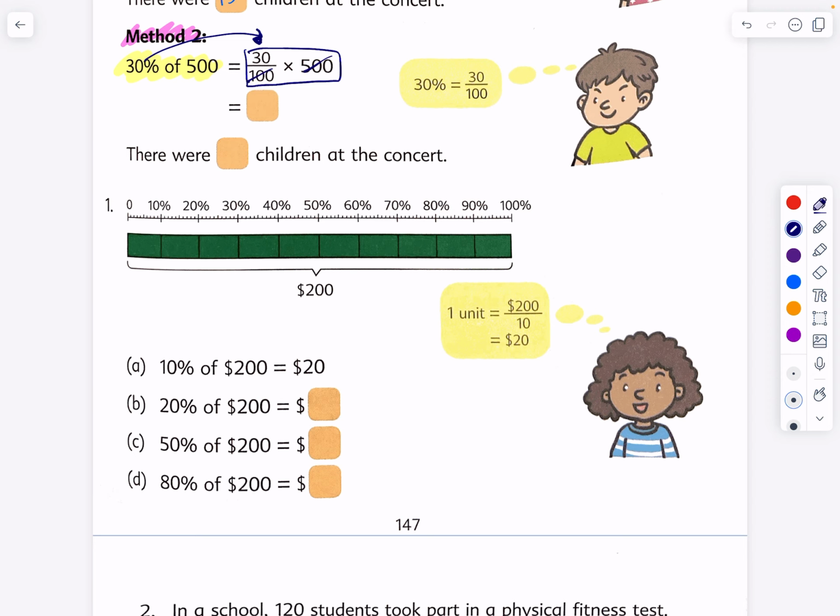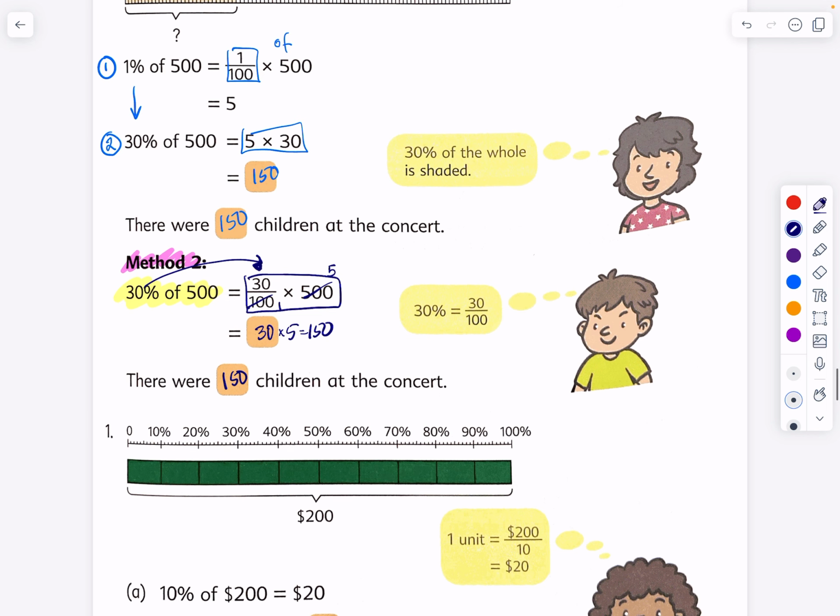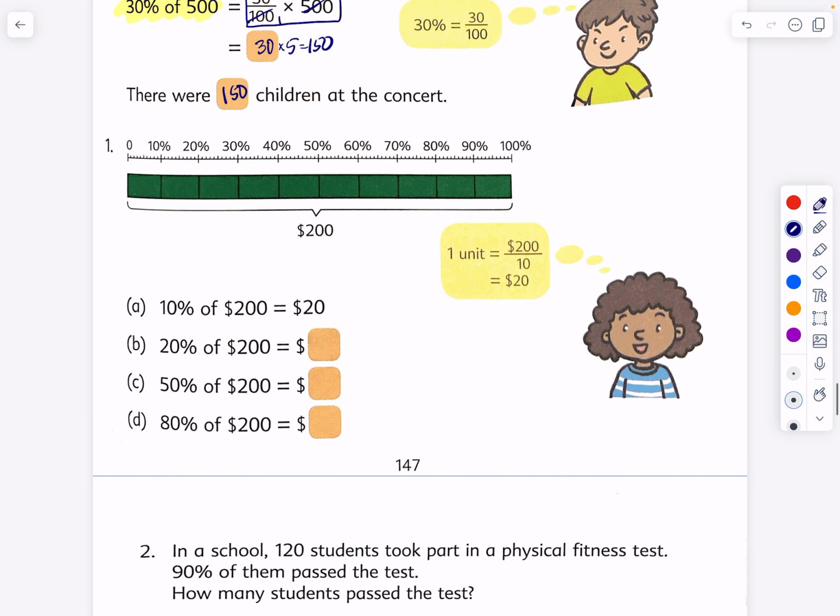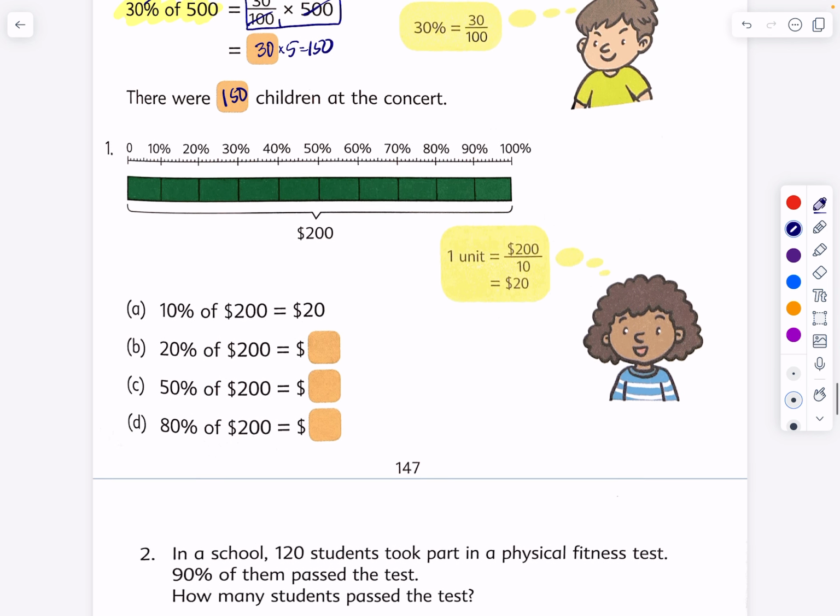Let's simplify before we multiply. Both 500 and 100 are divisible by 100, so this turns into 5, this turns into 1, and the answer is 30 times 5, which is 150 children. So two ways, essentially the same mathematics. Believe me, 500 divided by 100 is finding 1%.